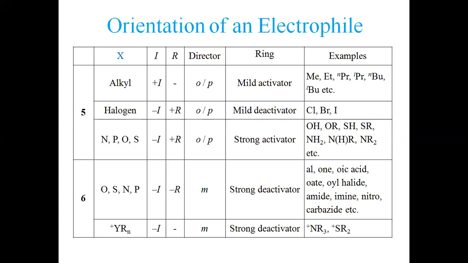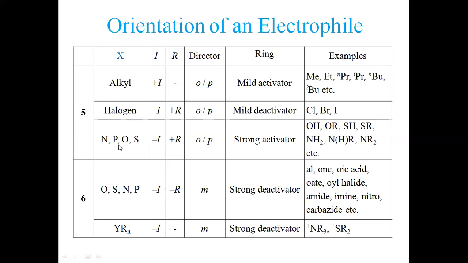We can classify into 5 different groups. If this is model 5 or model 6 in the previous slide, an alkyl group is present on the aromatic system. It shall be an ortho para director but mild activator. If it is halogen, it shall be a mild deactivator but ortho para director.